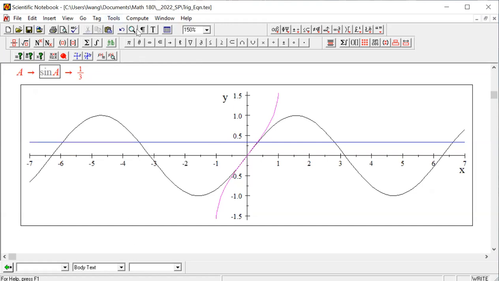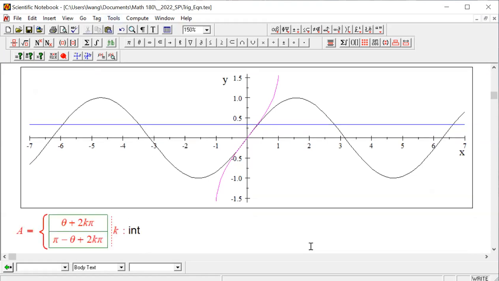The only difference is that instead of being pi over 6, this piece, let me make it thicker, this input, this piece is arc sine 1/3, between negative pi over 2 and pi over 2.